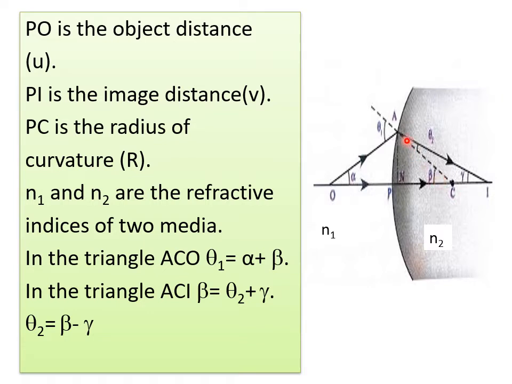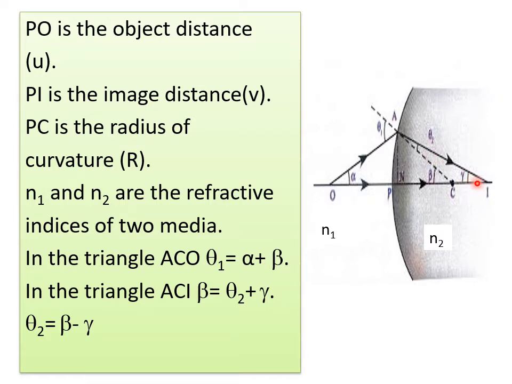Similarly, when you go to the triangle ACI, the same thing here. So this beta will be exterior, and theta 2 and gamma will be the interior angles. So in this also you have to apply the same rule. Beta is equal to theta 2 plus gamma.